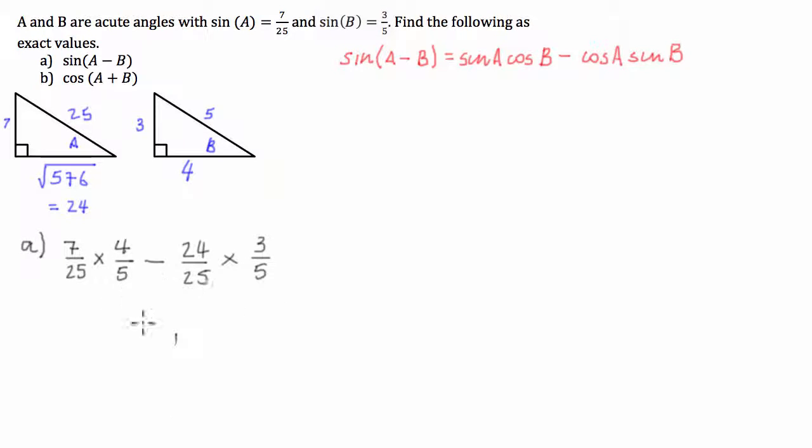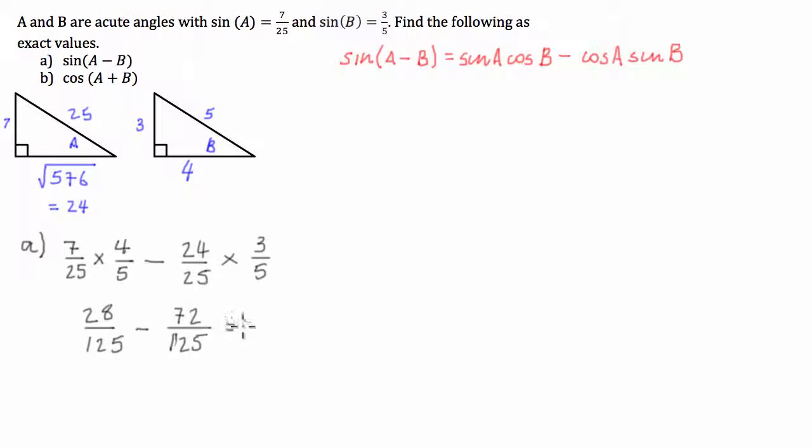Now, this just involves arithmetic from now. 7 4s are 28, 25 times 5 is 125. Subtract 24 times 3, which is 72, divided by, again, 125.